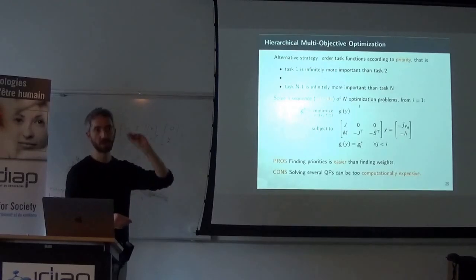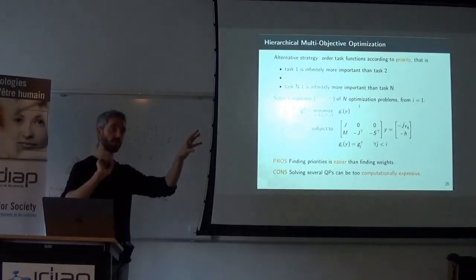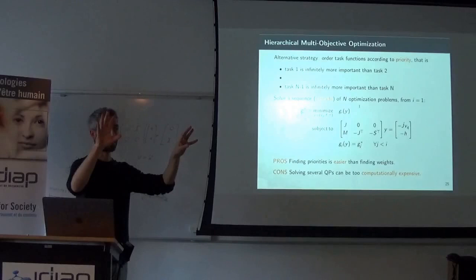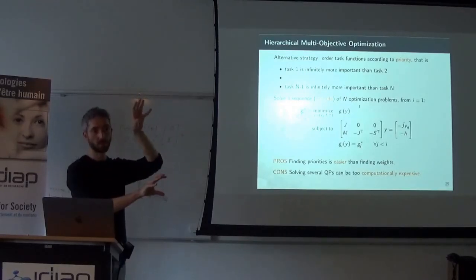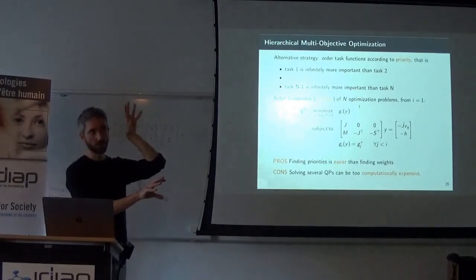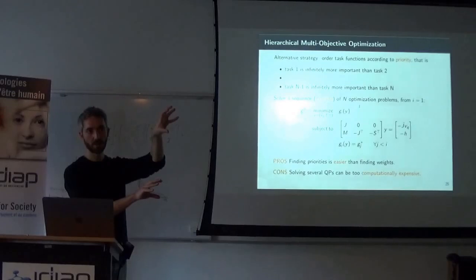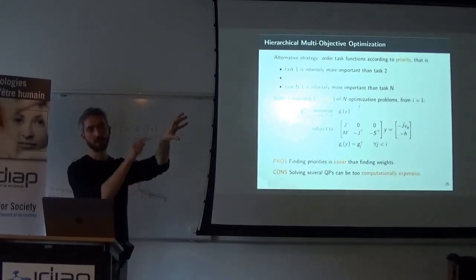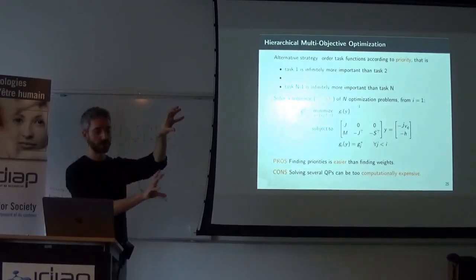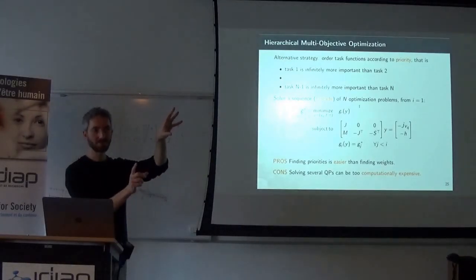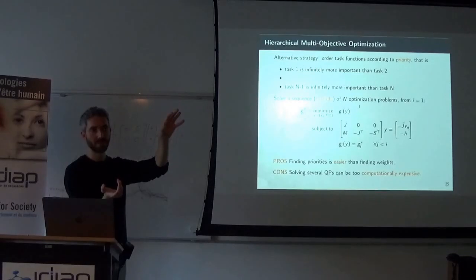So you have a desired acceleration for task 1, a desired acceleration for task 2, and if you have a strict priority, so task 1 is infinitely more important, it will first try to get as close as possible to this desired acceleration, and then it will work in the null space of this to get as close as possible to this one. And if it's not possible, well, it's not going to do it.